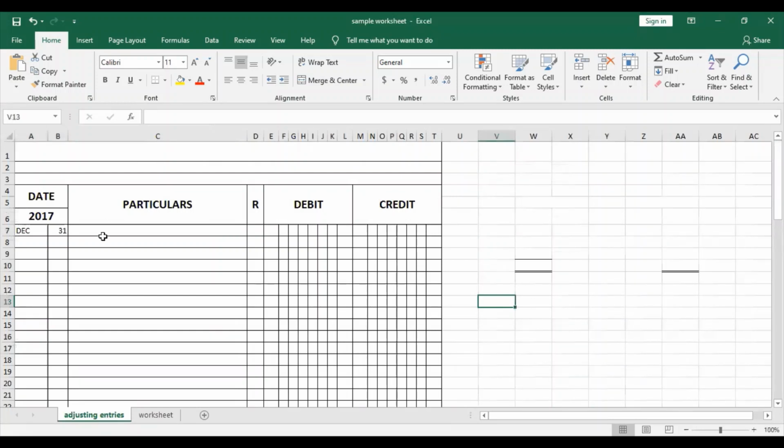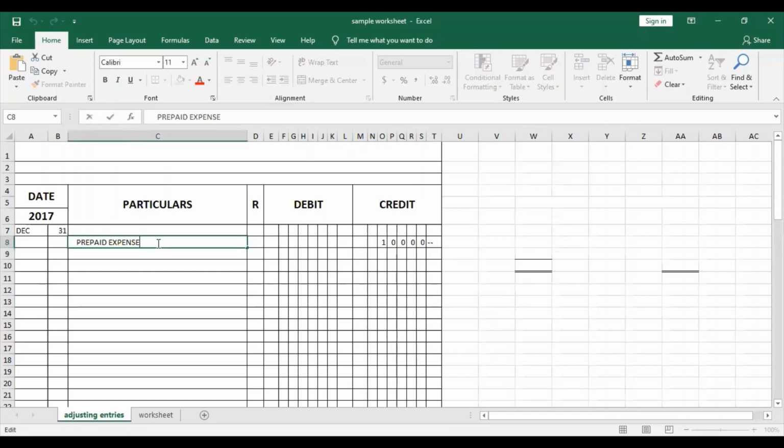So, pag naggawa tayo ng adjusting entry dyan, entry on the credit side, we have prepaid expense of 10,000. Kasi ang sabi sa adjusting entry natin, that 10,000 is already expired. Ibig sabihin, gamit na yan. So, mababawas na yan sa value ng ating prepaid expense. And to decrease an asset account, it should be prepaid insurance.